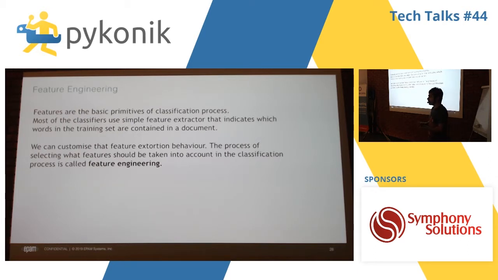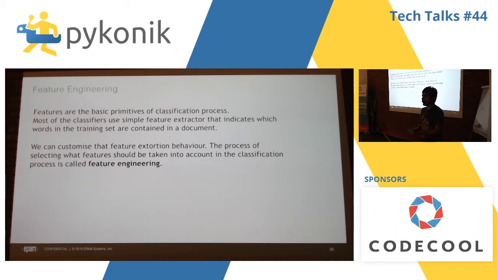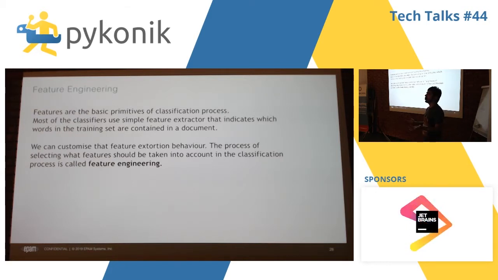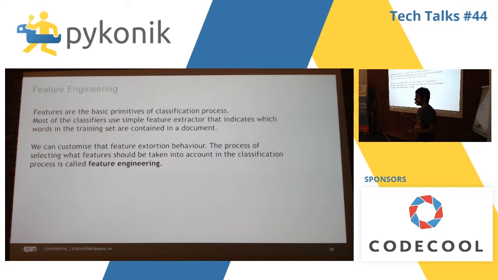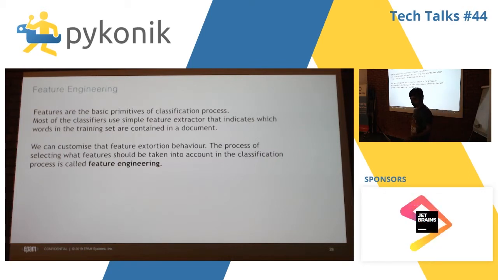In feature engineering, we need to find a way to distinguish between the classes. For instance, instead of just checking if a word is included in the text, we can also translate the original sentence to some other language and use that data as a feature.